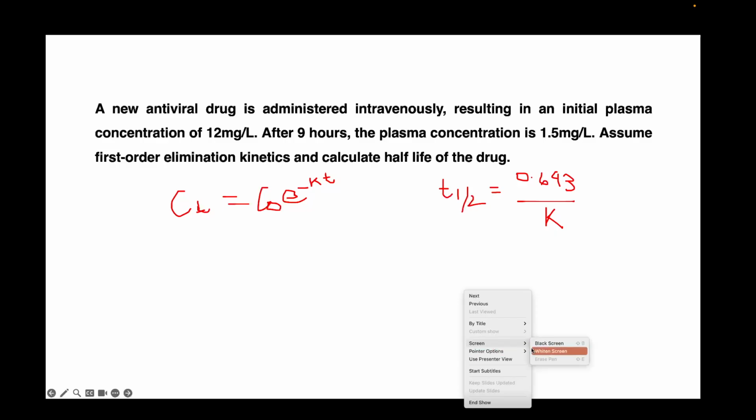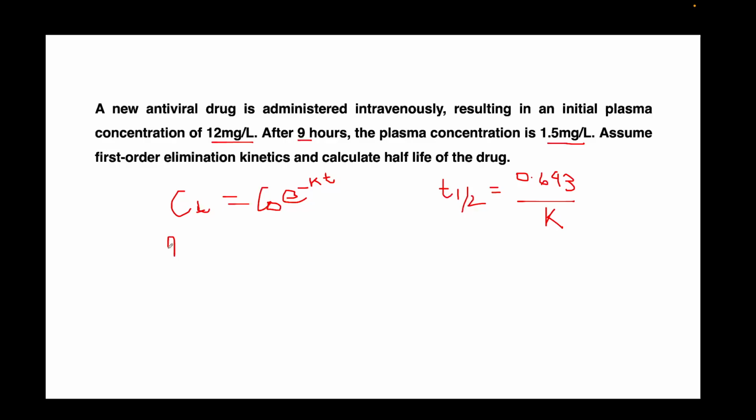So basically, we are going to use this first order equation, Ct equals C naught e to the power minus Kt, where Ct is the concentration at time t, which is basically 1.5 mg per liter, and C naught is our initial concentration, which is 12 milligram per liter. T is here 9 hours, and K we have to find out.